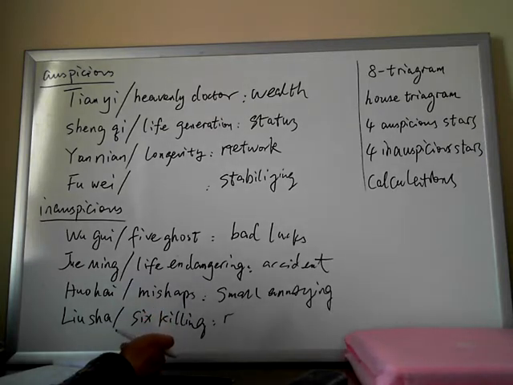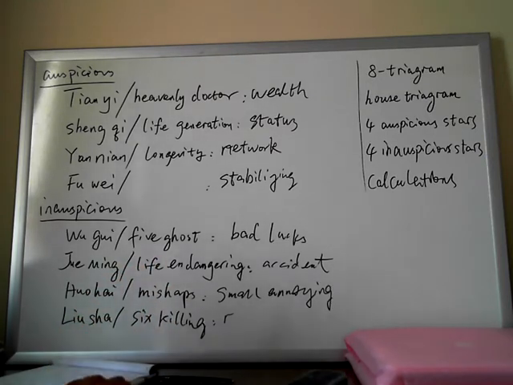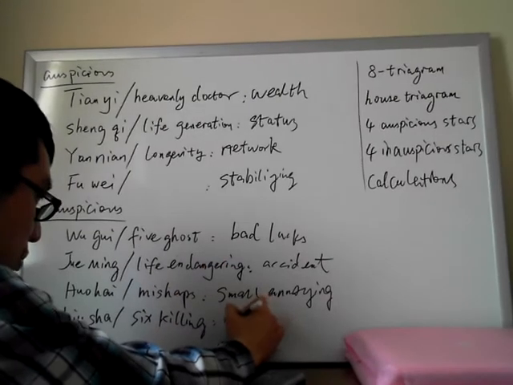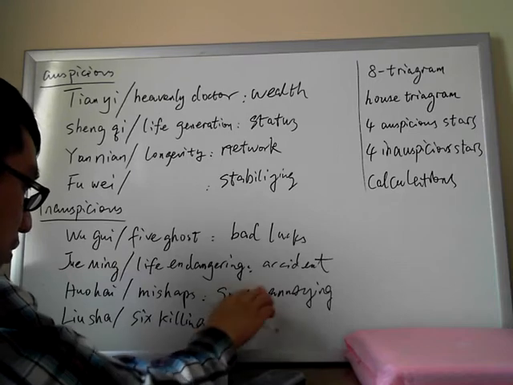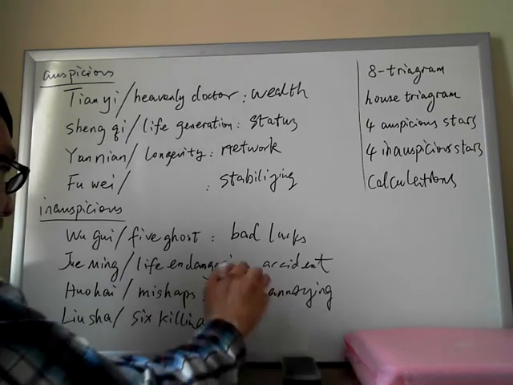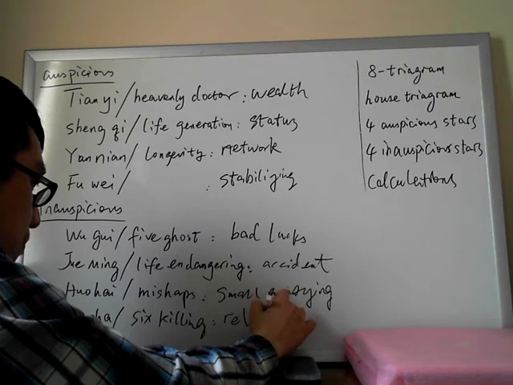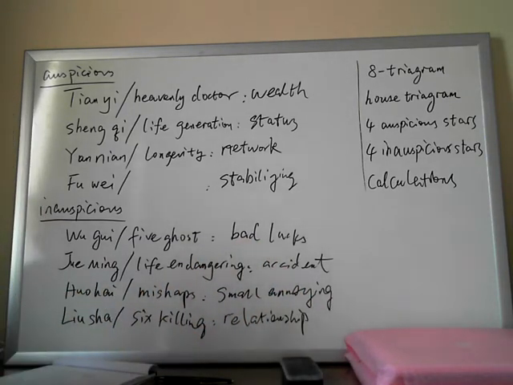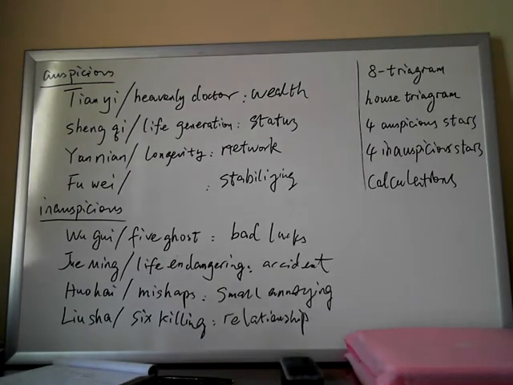But if you're a single person and you would like to establish a relationship, then this star is what you can work on to improve your relationship. Okay, so for 8-dimension feng shui, essentially what you need to do is determine which star is in which sector of your house.